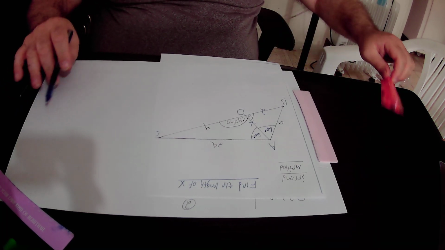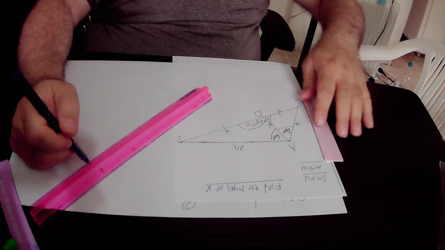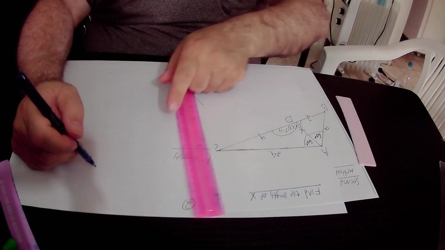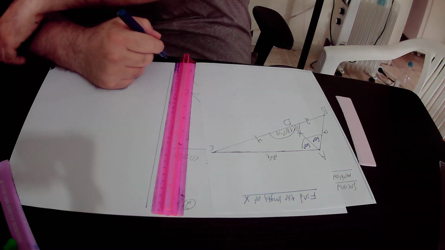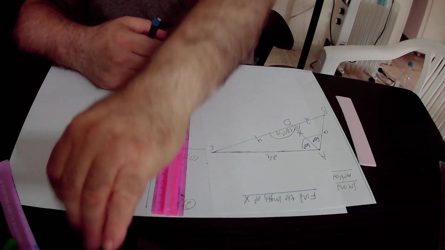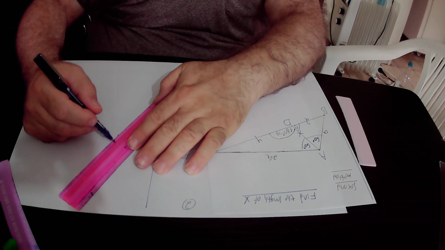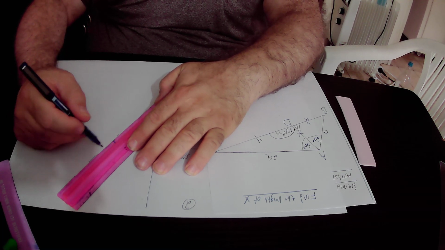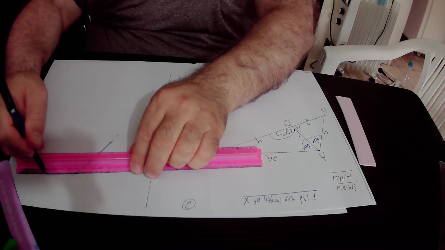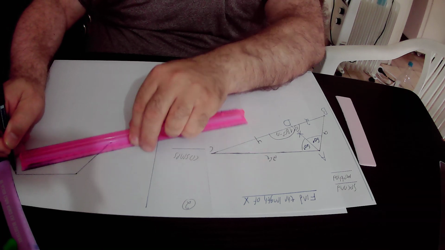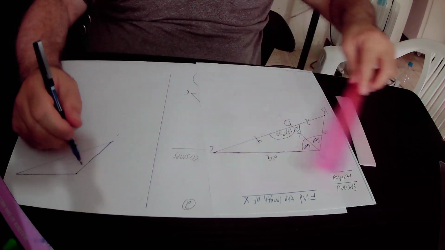So we copy triangle ABC in this page, and we'll implement the law of cosines in triangle ABC. This is triangle ABC.